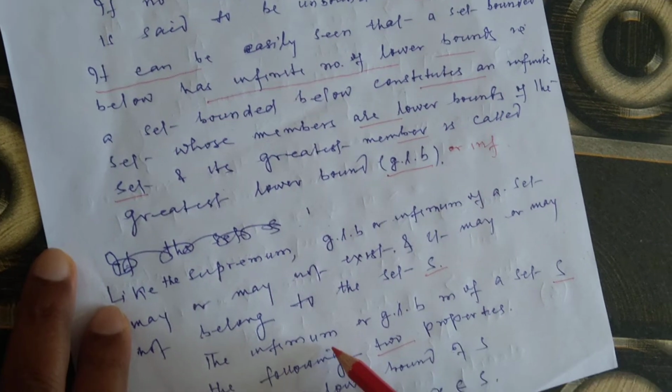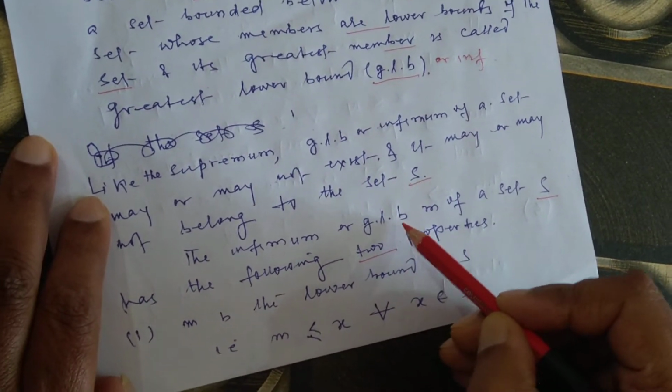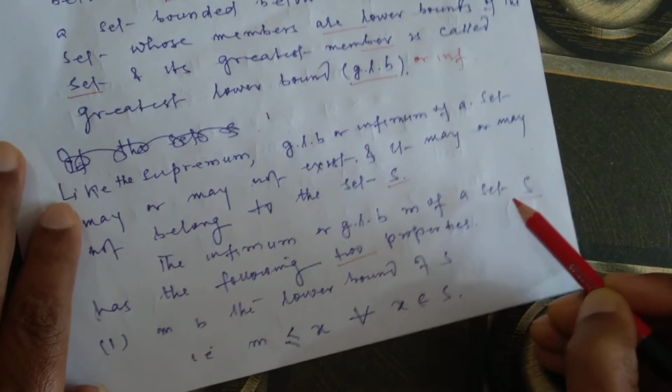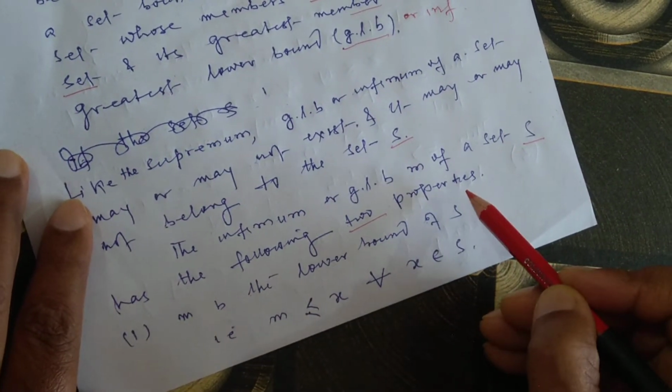The infimum or greatest lower bound, that is GLB, M of a set S has the following two properties.